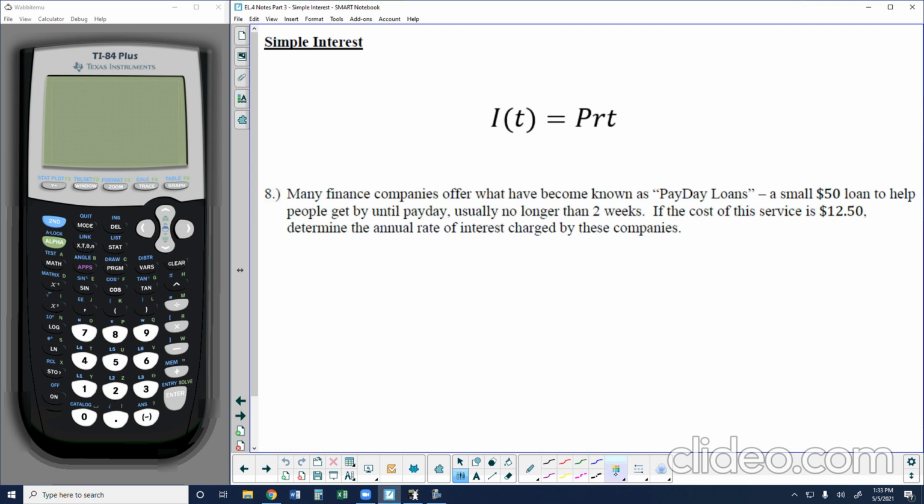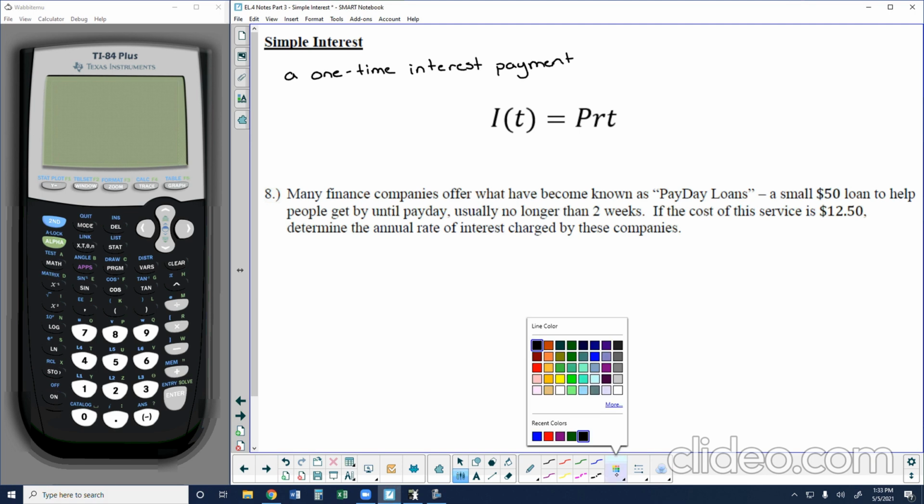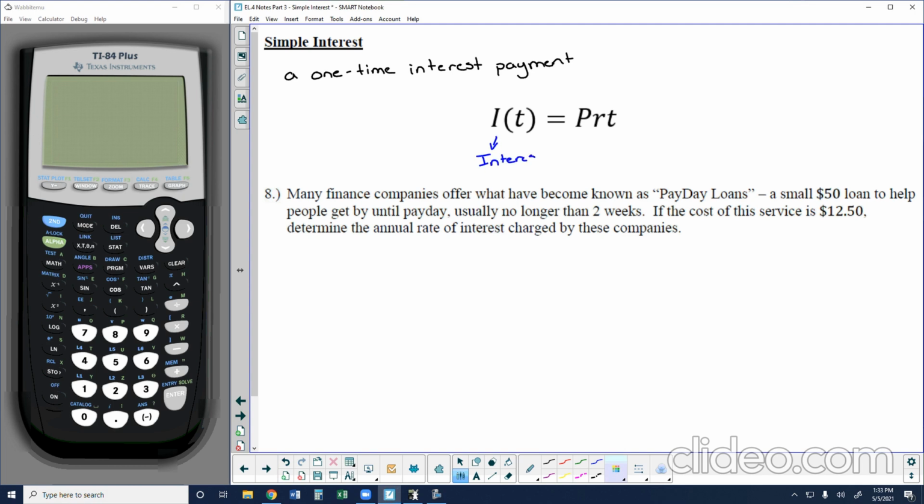So we have this equation here. Let's jot down that this is a one-time interest payment or accrual. And it follows this equation that we have listed here. I sub t, the interest with respect to time, so let's just let this be interest, is equal to P, the principal.